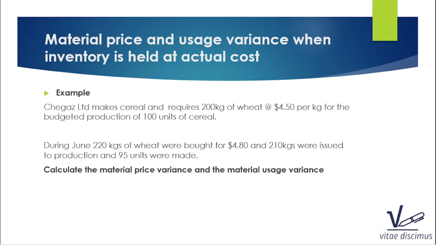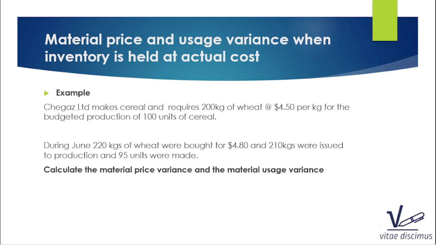So let's apply this to a question, where we determine the variances and also look at the journals. Checkers Limited makes cereal and requires 200 kilos of wheat at $4.50 per kilo for the budgeted production of 100 units of cereal.